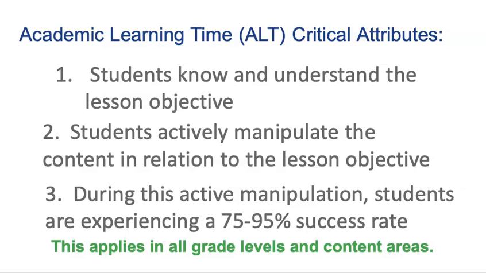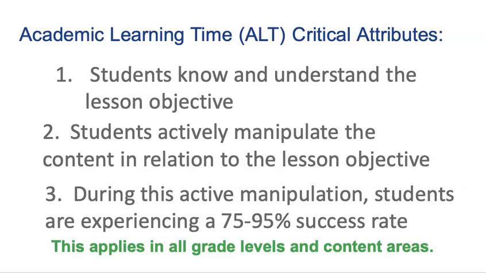When all 3 of these pieces are in place, we have deep learning. If we're missing one of these elements, we do not have deep learning. In other words, if my students are manipulating the content and they're being successful, but they didn't know the purpose of what they were doing, we don't get long-term success.